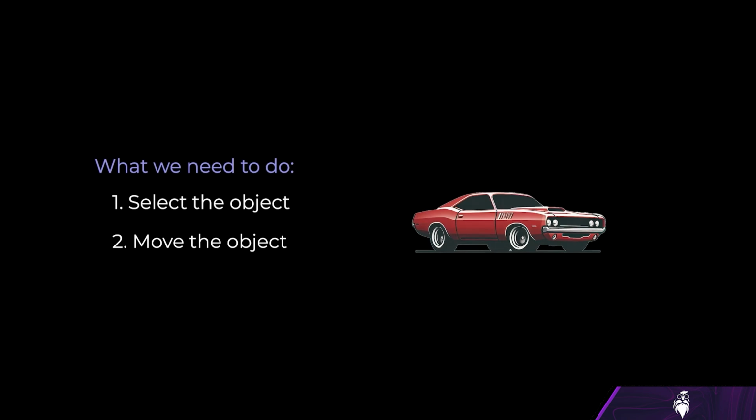Now, if our car were an image on a website, we would use GSAP to do both of these things. But since it's not, and Storyline has a more obfuscating way of storing its elements, we're going to just focus on the second part, and we're going to find out what code we need to use in order to move the object. Then we'll come back to the first part and see how we can select it.